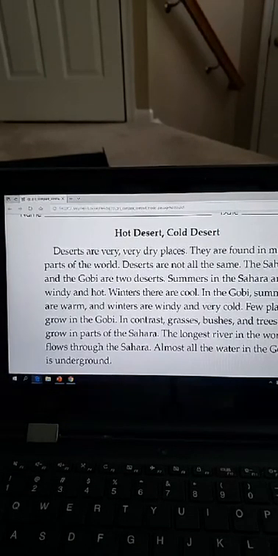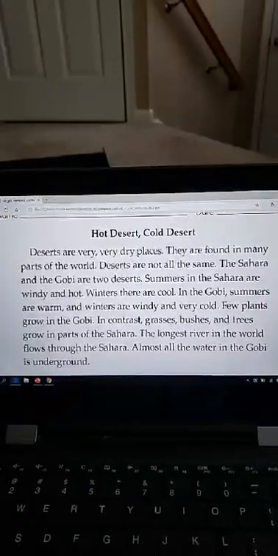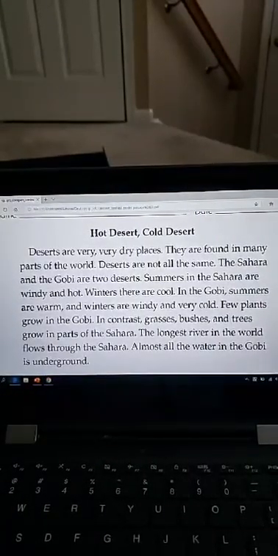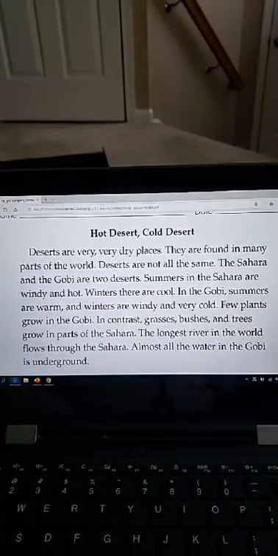So students, so far what we did today is we got a text, which is hot deserts and cold deserts. We're using the comprehension skill, compare and contrast, by using the Venn diagram or double bubble. We're going to determine how this text compares and contrasts.